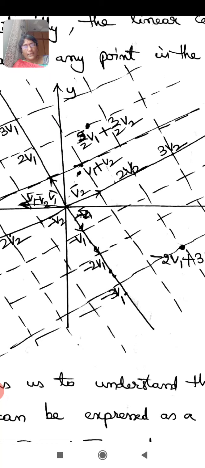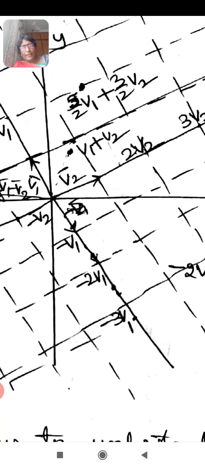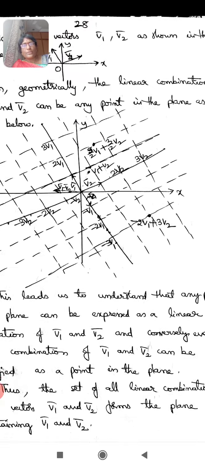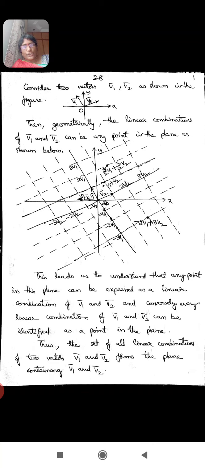That means the converse is also true, which we can state as: every linear combination of the vectors v1 bar and v2 bar is represented by some unique point in the xy plane. So this is the interpretation of linear combinations of two vectors v1 bar and v2 bar in the xy plane.